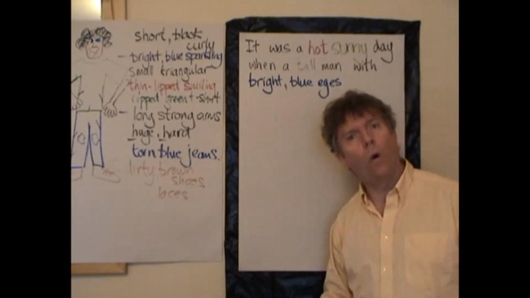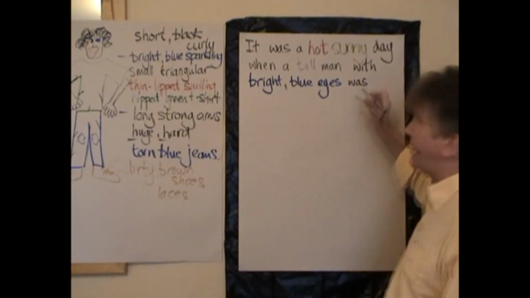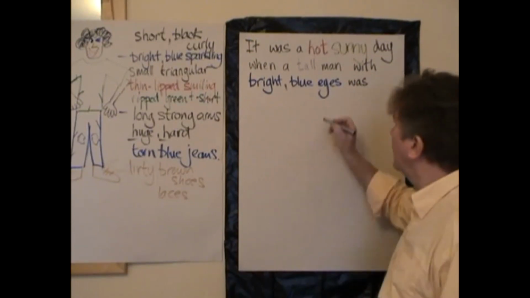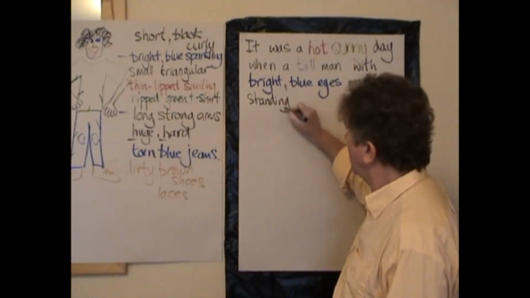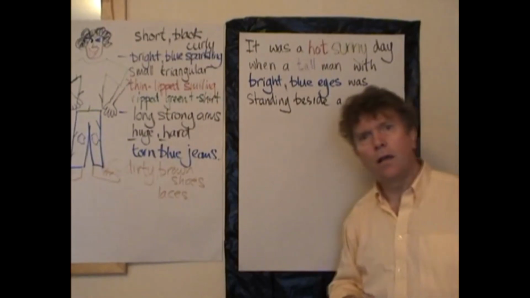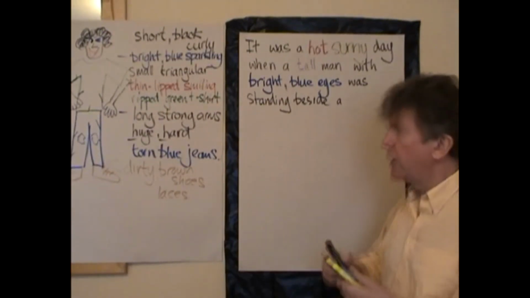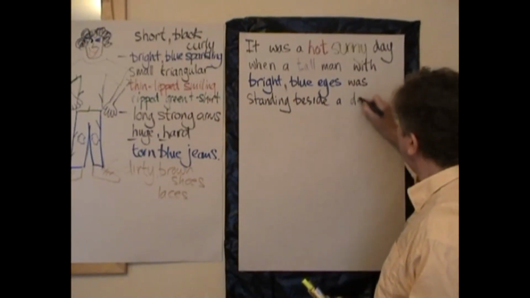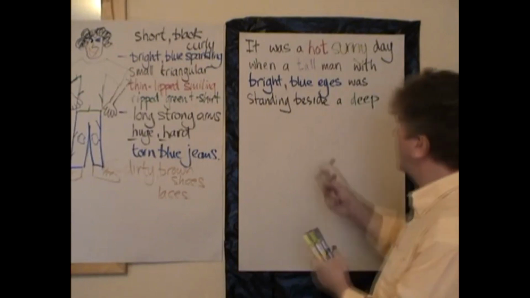What kind of a river? Is he standing? Or is he walking? He was standing. Okay, he was standing beside, excuse me, what kind of a river? A deep river. Oh, do you know, I'm going to say it was deep. And put the black for river.